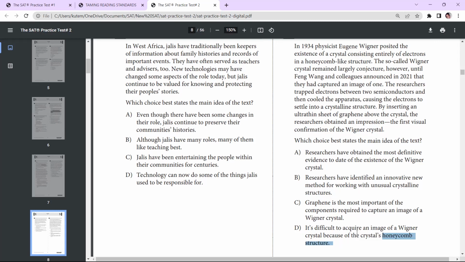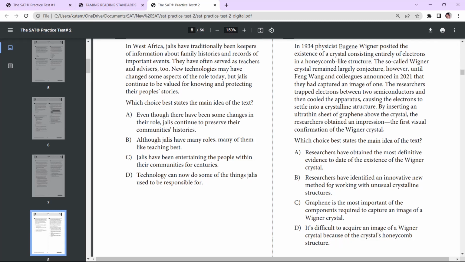So we're not told that this is the reason that they could not have an image of the crystal. Yes, we know it's in a honeycomb-like structure consisting of electrons, but maybe it was hard to get an image because of the electrons. We don't hear much about the honeycomb structure being the reason.